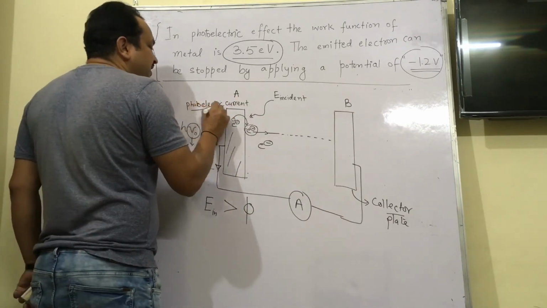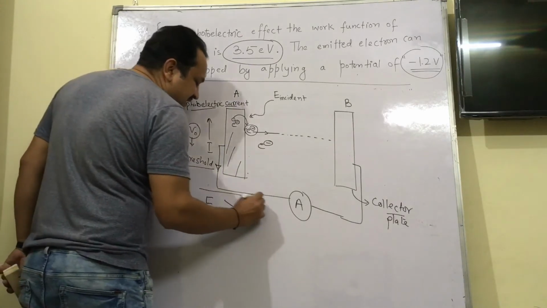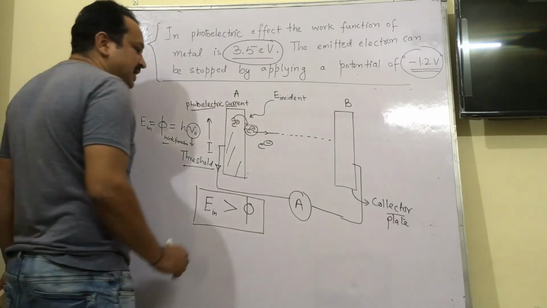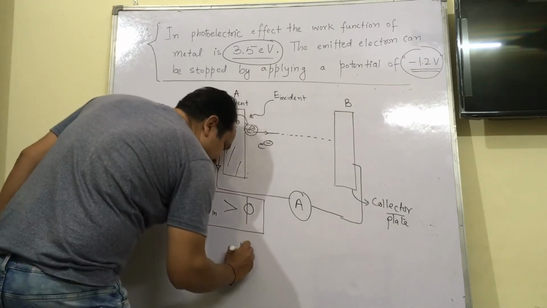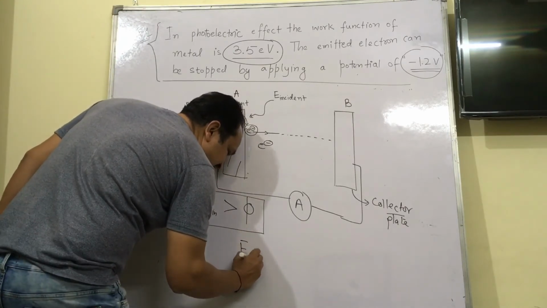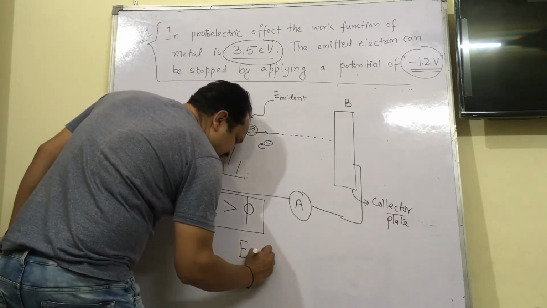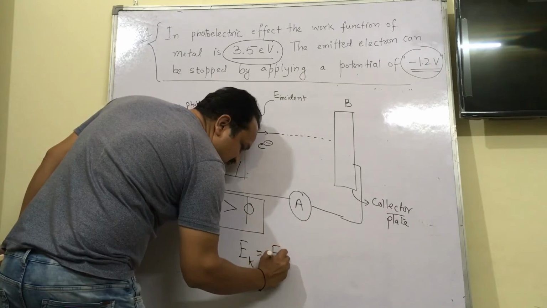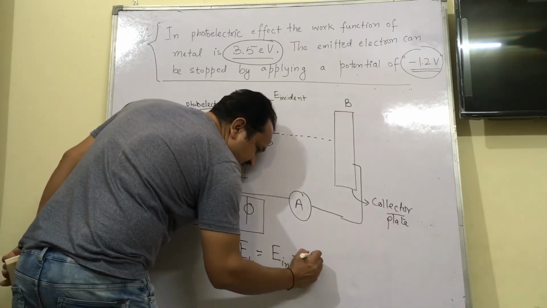The photoelectric current will flow only when the incident energy is greater than the work function, and this electron will get a kinetic energy, which I am writing here as Ek, and this kinetic energy is equal to the incident energy minus the work function.